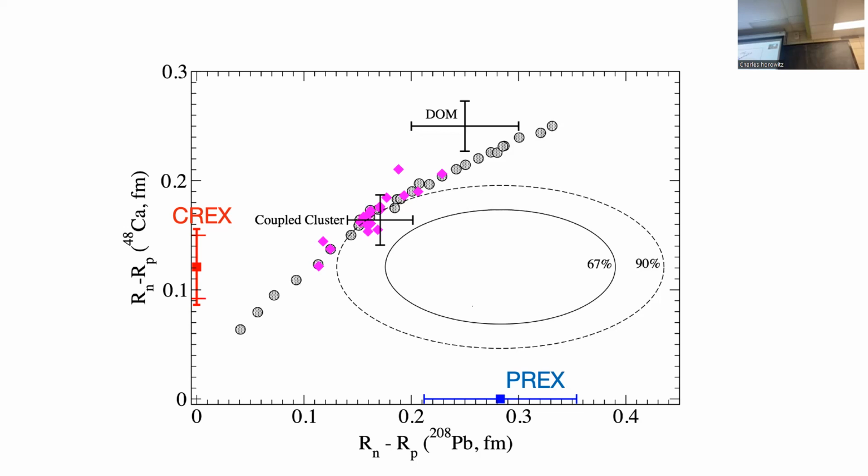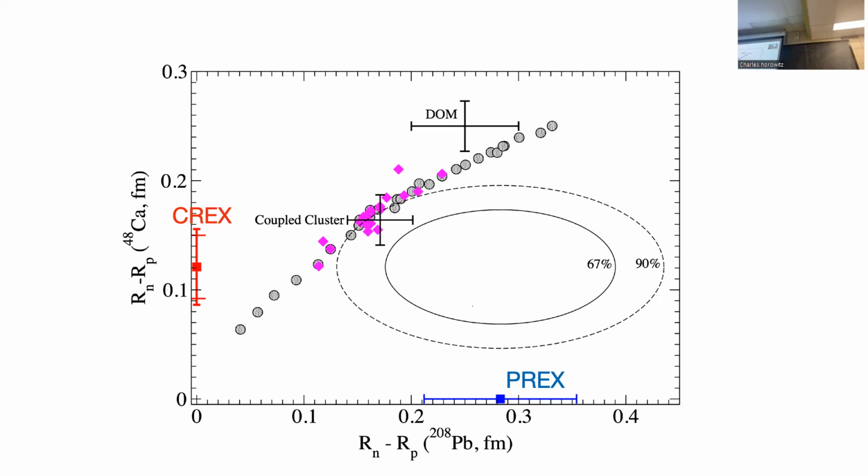It's consistent with the upper end of CREX, and it's just below the lower end of PREX. So this region here is certainly favored by the most number of theoretical calculations.